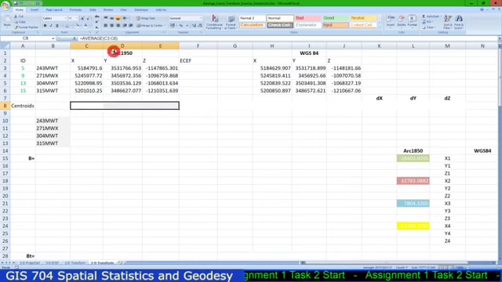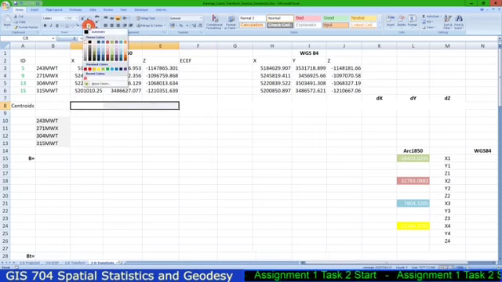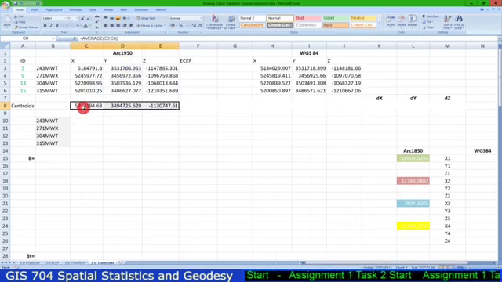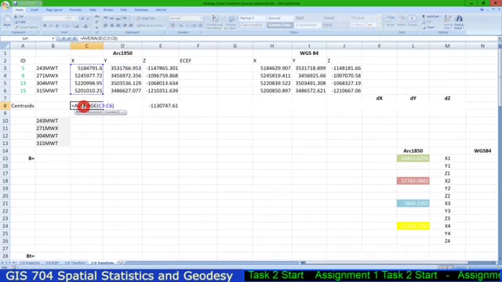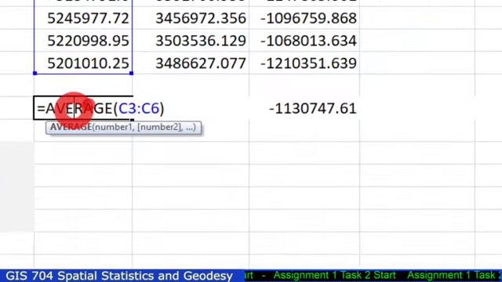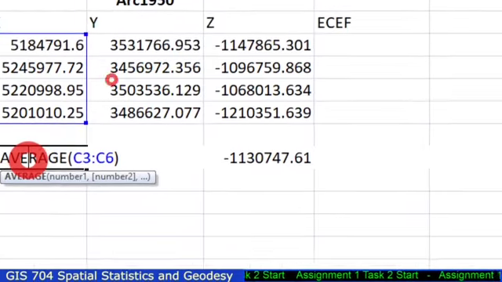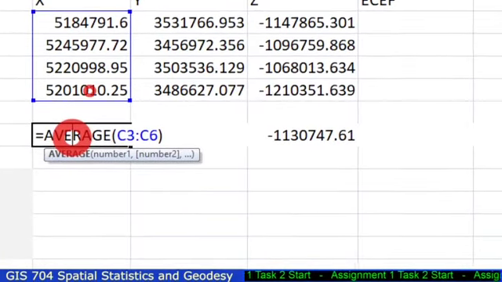So if you look at the centroids over there, you'll see that it's the average of that.